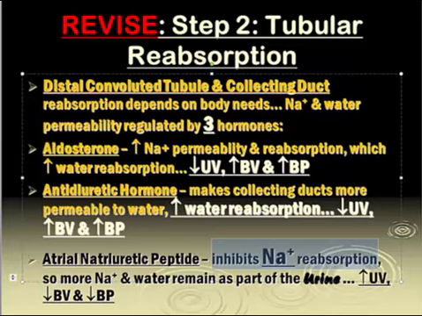Well, what ANP does is it prevents sodium from being reabsorbed, which means it remains as filtrate and then is passed through micturition in urine. So aldosterone increases the permeability and reabsorption of sodium. ANP prevents the reabsorption of sodium specifically.